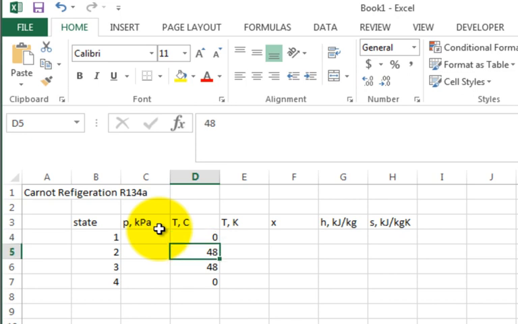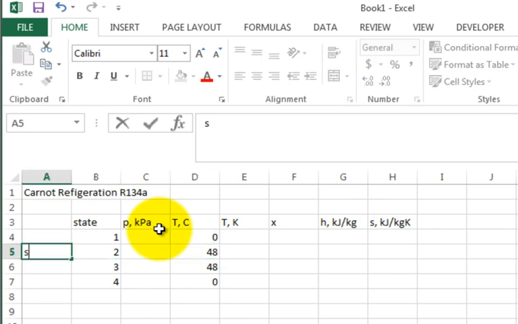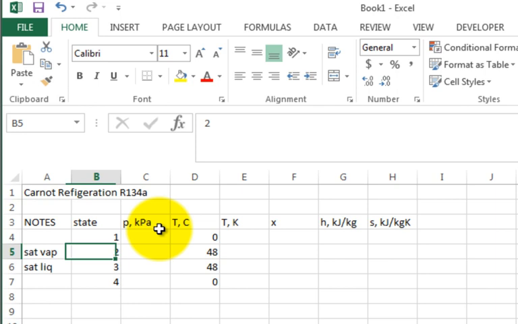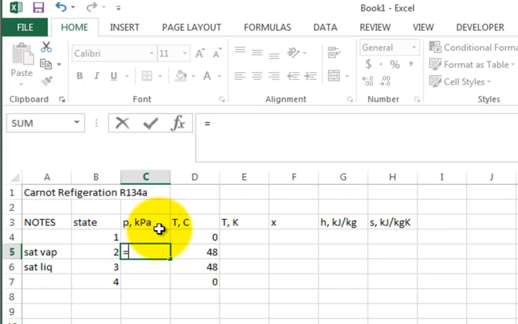Now, at state 2, it's saturated vapor, and at state 3, it's saturated liquid. I like to put notes over here to myself in this column. Okay. So if I wanted to know the pressure at 2, which is the same as the pressure at 3, that's the saturation pressure. So that's equal to Psat as a function of temperature for refrigerant 134A using table A10.